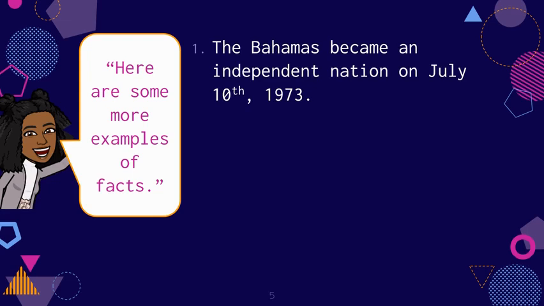Number 1, the Bahamas became an independent nation on July 10, 1973. If you said that this is an historical event or that it includes a date that we can verify, you are absolutely correct. Go to the head of the class, my student.